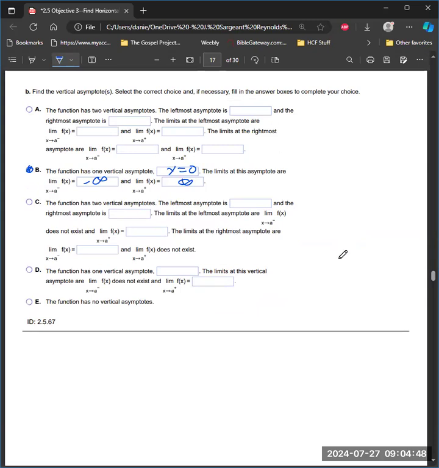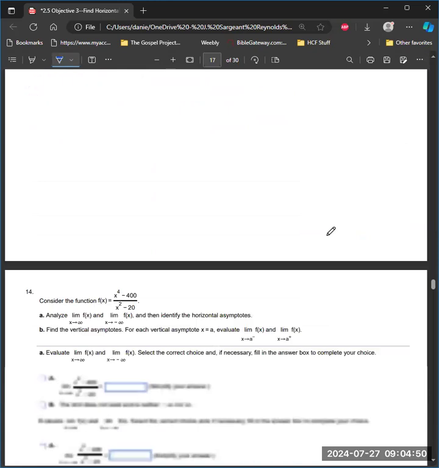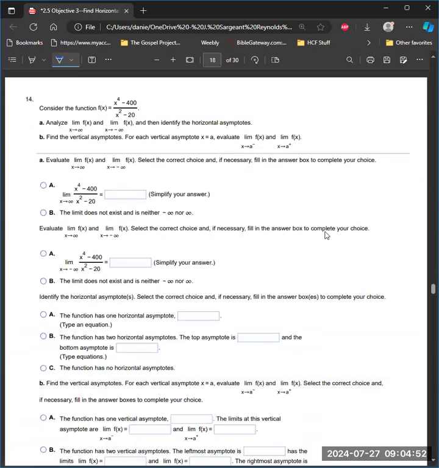All right, this is x squared minus 20 over x squared plus 20. x can't be equal to plus or minus root 20.